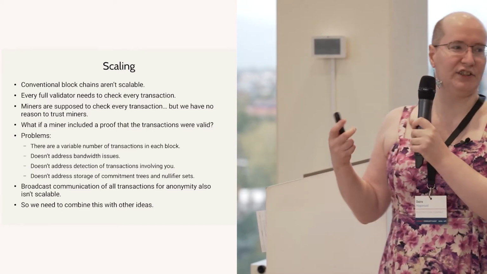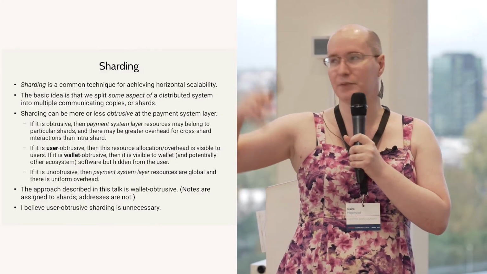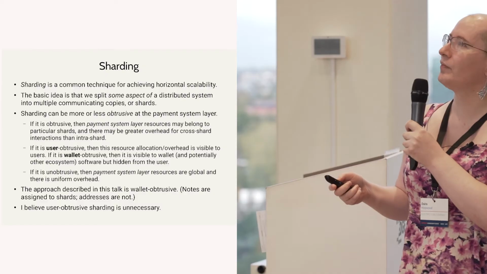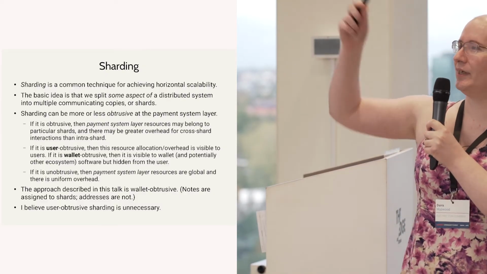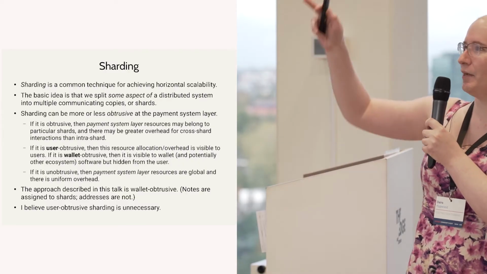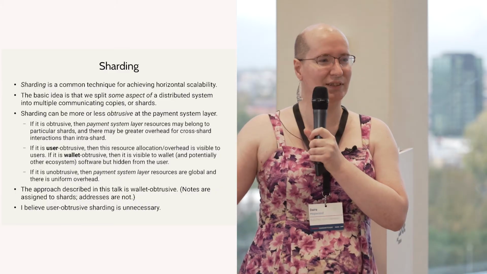So we can use sharding, which is the idea of splitting a blockchain into multiple shards. There are several ways of doing this. You can try to make it more or less transparent to the participants in the network.